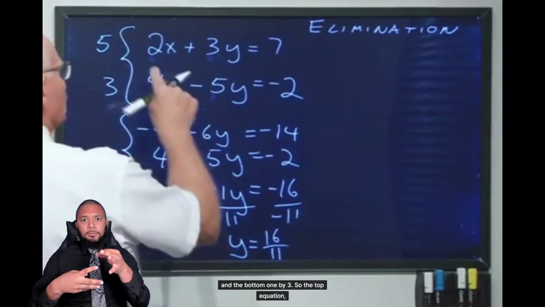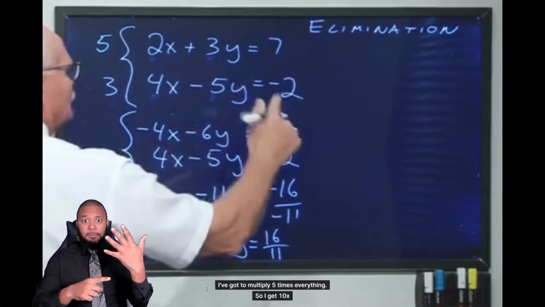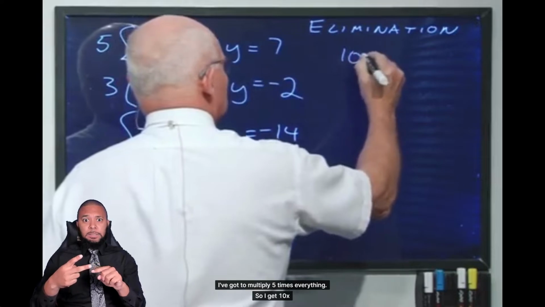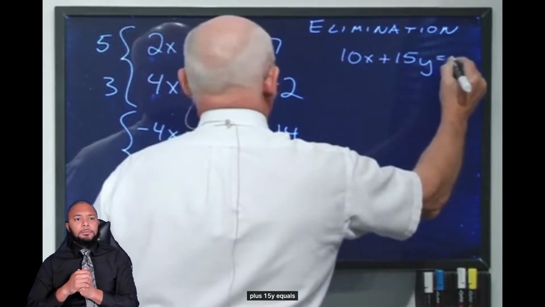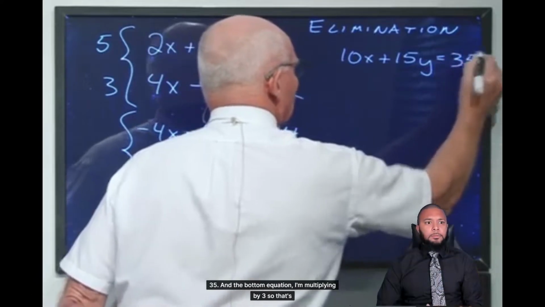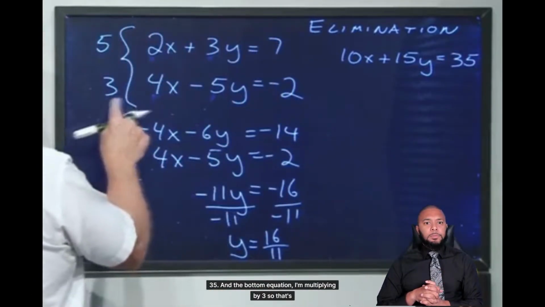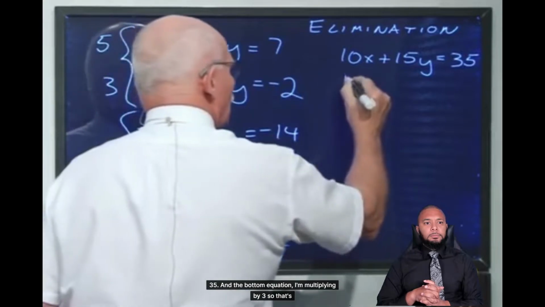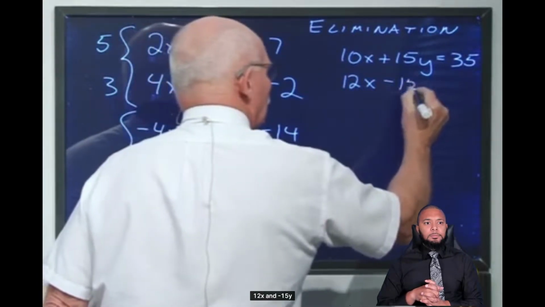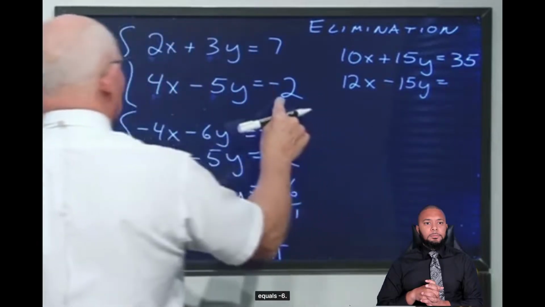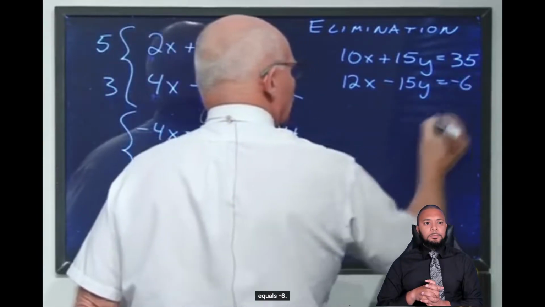So the top equation, I've got to multiply 5 times everything. So I get 10x plus 15y equals 35. And the bottom equation I'm multiplying by 3, so that's 12x and negative 15y equals negative 6.